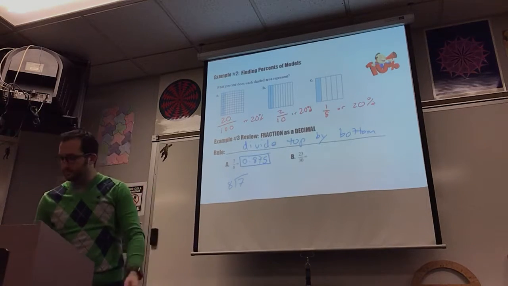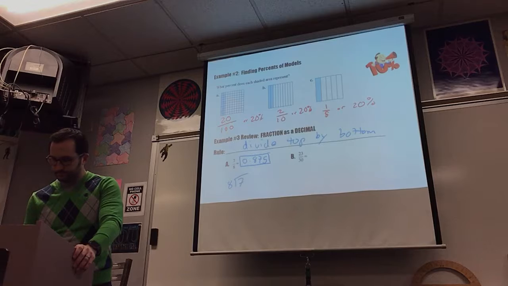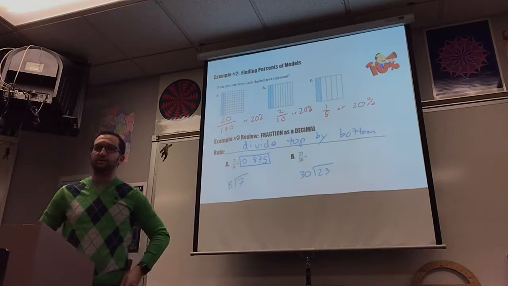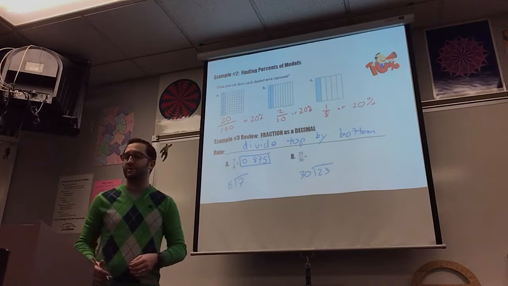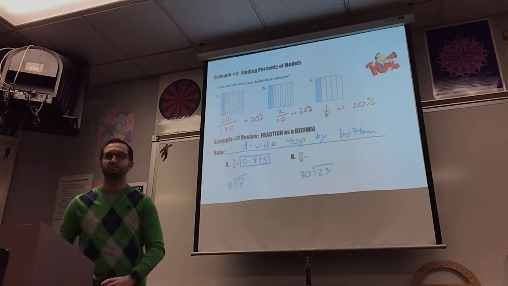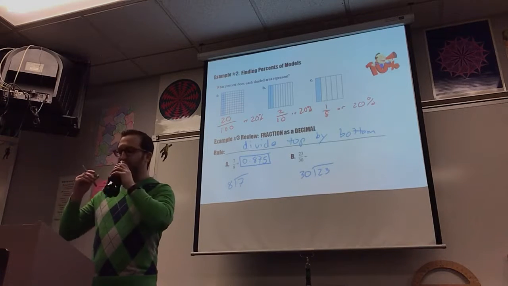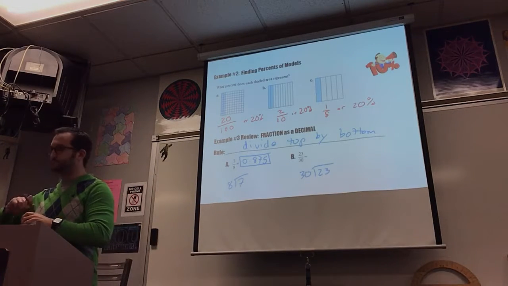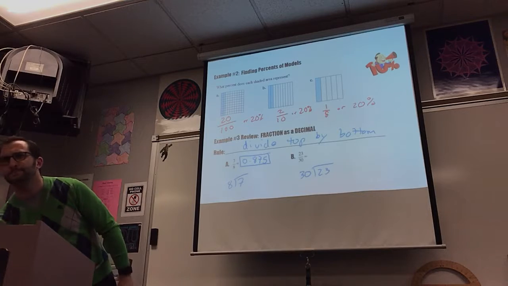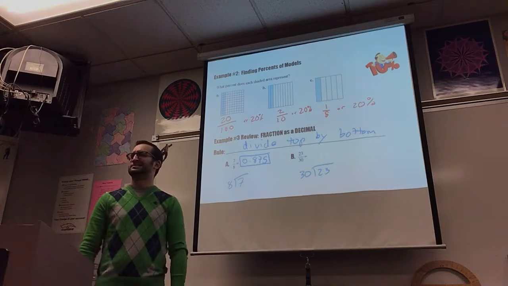And what do we do for the next one? You and your partner do it. Decide together. I want you to share your division with each other. You should have your calculator out. Don't just trust me, trust you. So you look at this one on the calculator.